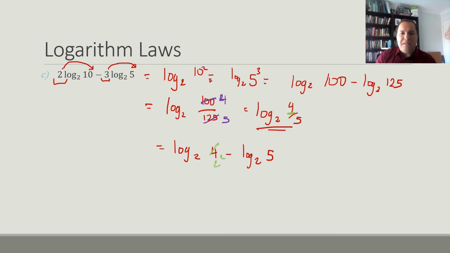So what power of 2 gives us 4? Well, that's a 2, minus log base 2 of 5. Now this can be considered simplified as well because we've got a constant, which is nice, and just one log term at the very back.